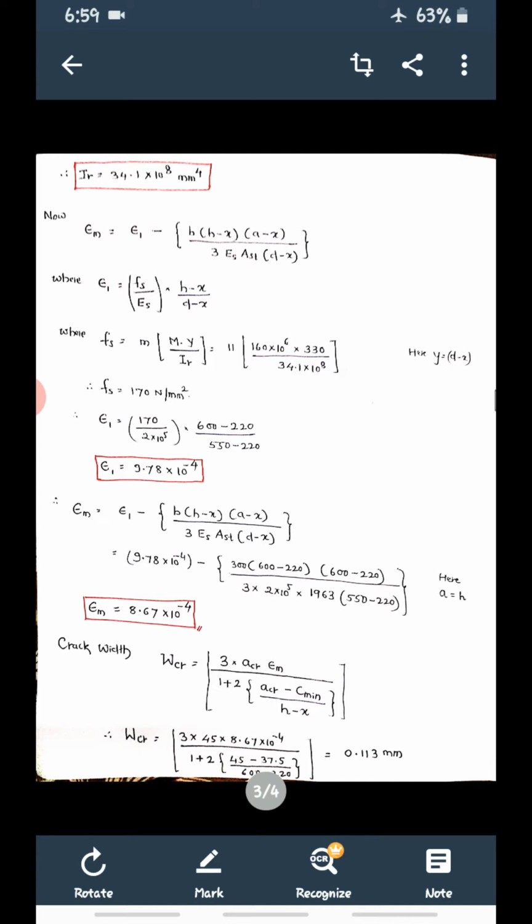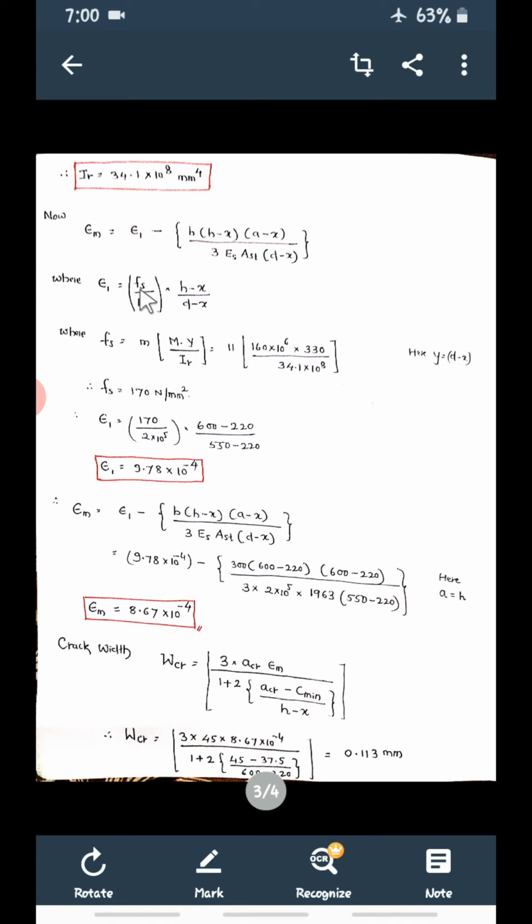So what is y? y is equal to d minus x, so this is 330, divided by Icr, already calculated 34.1 into 10 raised to 8. So this value will be 170 Newton per mm square. This is the stress at the level of steel. So fs is equal to 170 Newton per mm square.